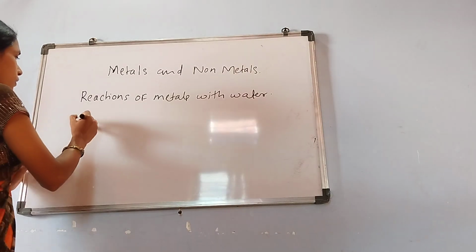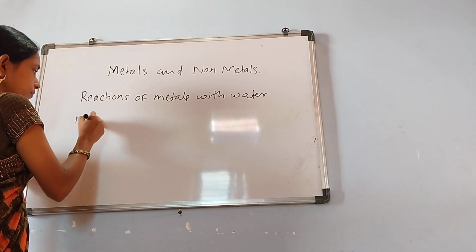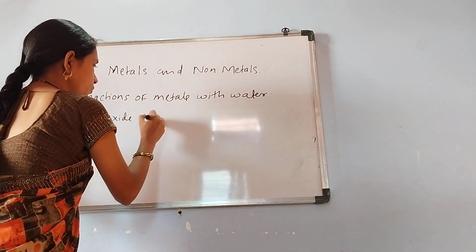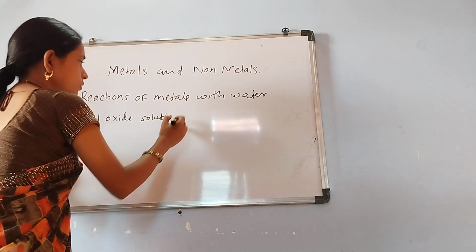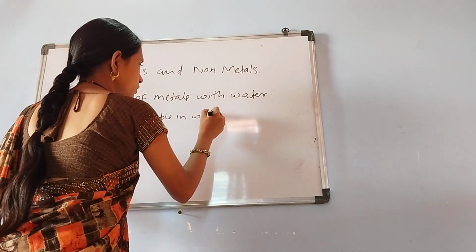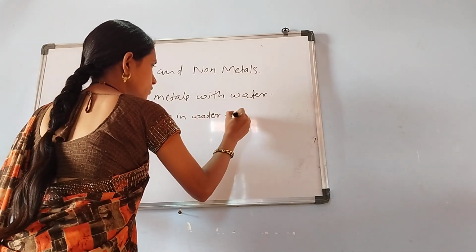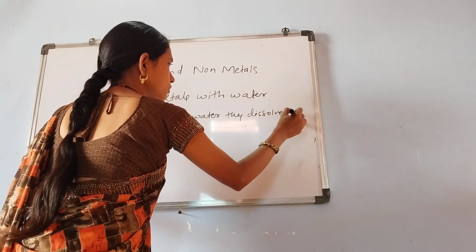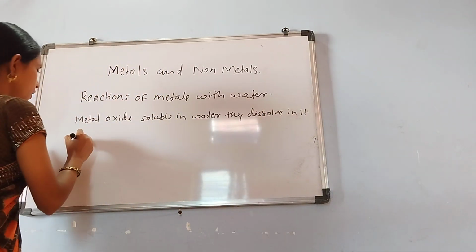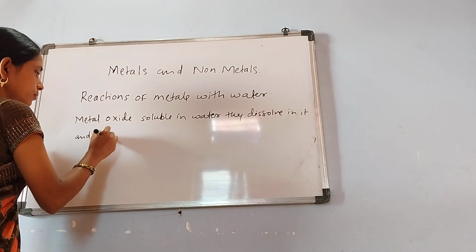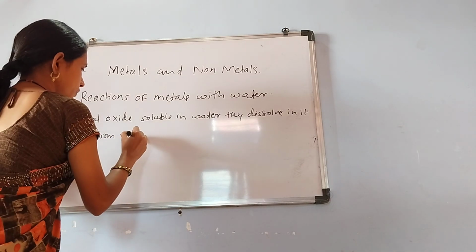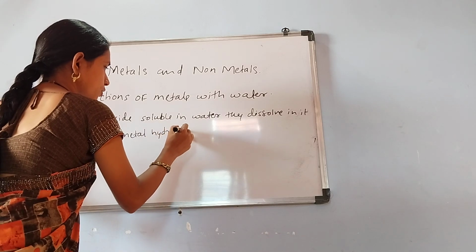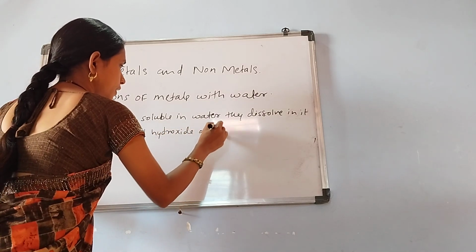So metal oxide, soluble in water, dissolves in water and forms metal hydroxide and H2 gas.